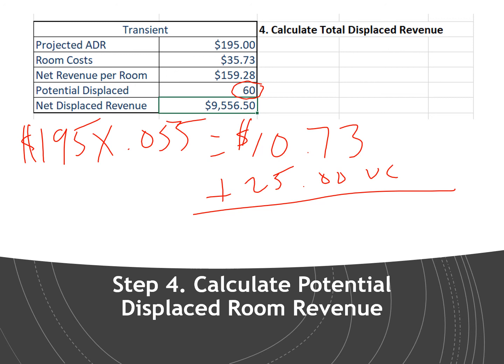Okay, so that gives us a total of $35.73. When we subtract that, we now have a net revenue per room of $159.28. When we multiply that by our 60 potential displaced guests, we have $9,556.50. That's the potential revenue, the cost, the worth, the value, if you will, of those 60 displaced people.